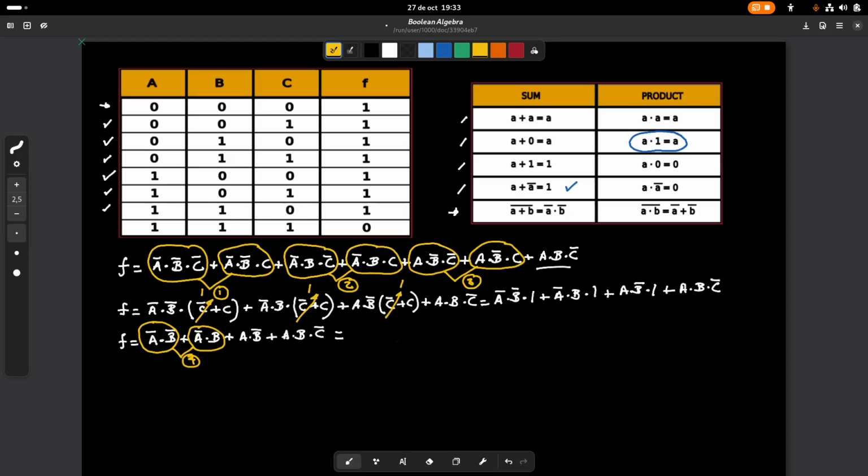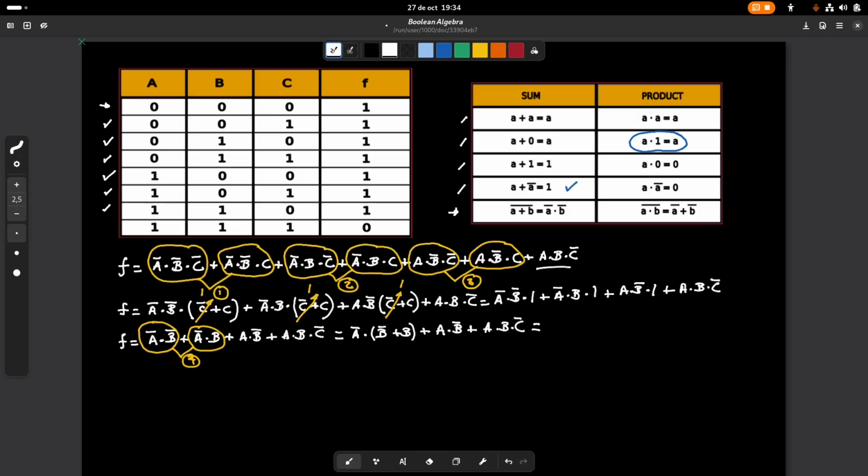So we can rewrite the function as A negated and B negated or B, or A and B negated, or A and B and C negated.